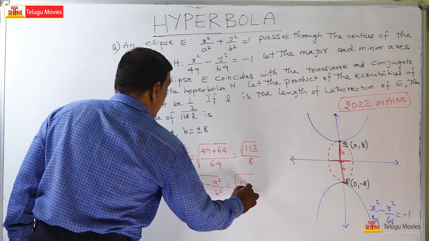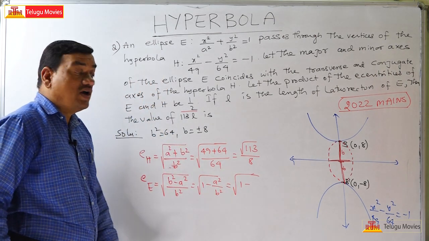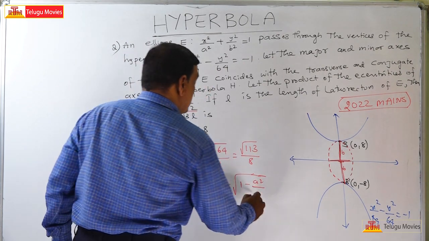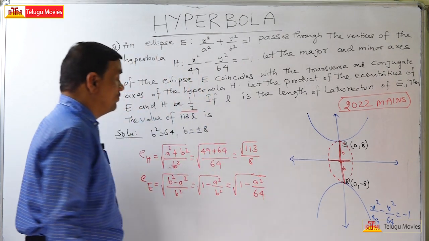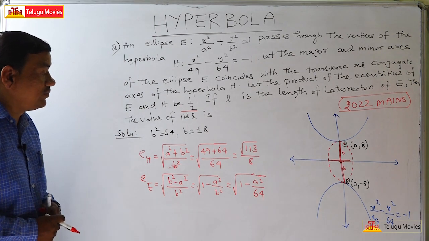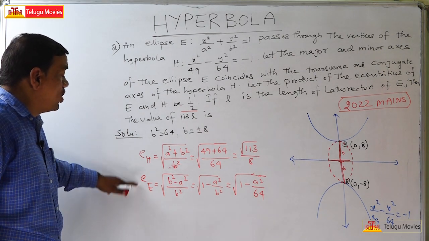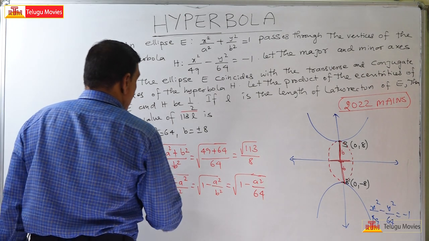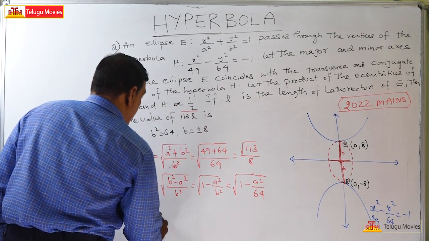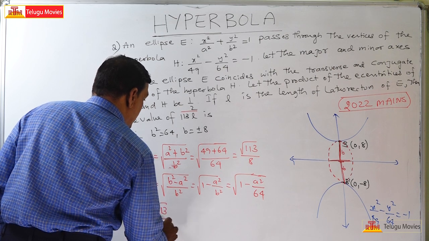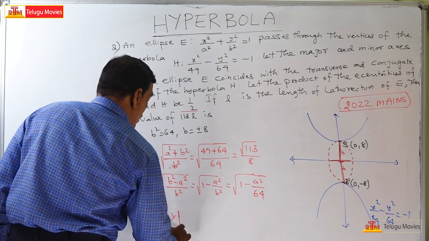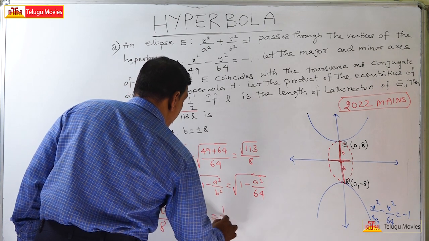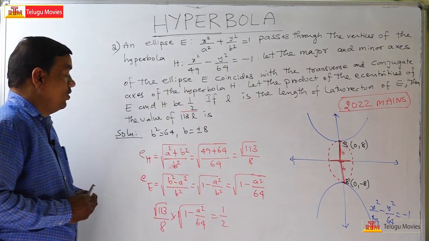We don't know a square, but b square is 64. It is given the product of these two, hyperbola and the ellipse, is equal to 1 by 2. That is root of 113 by 8 into root of 1 minus a square by 64 is given by 1 by 2. Okay now.